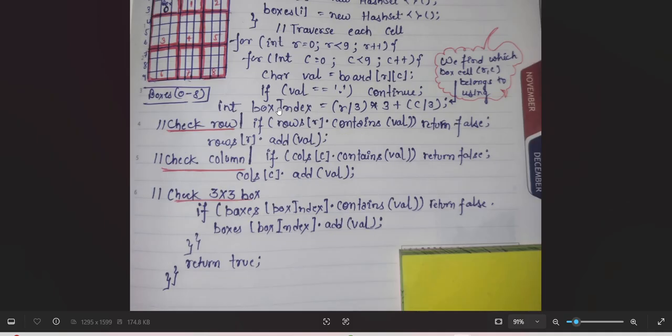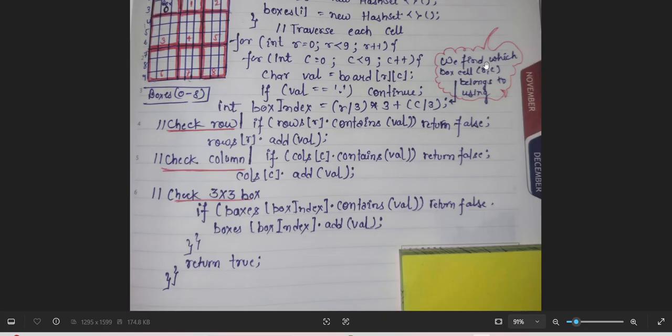Okay, so here is one rule, one formula, by which we are checking whether all the rows, columns and boxes belong there or not. For that we have one formula here: row divided by 3 into 3 plus column divided by 3.